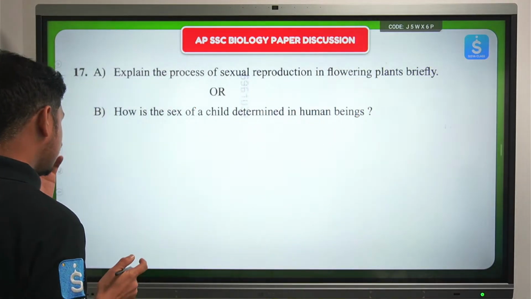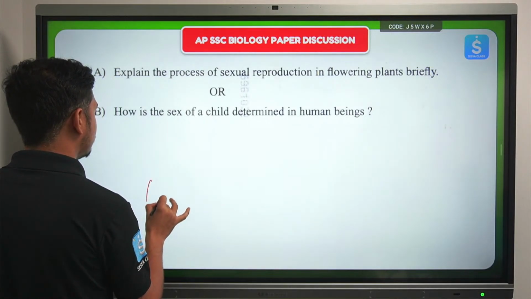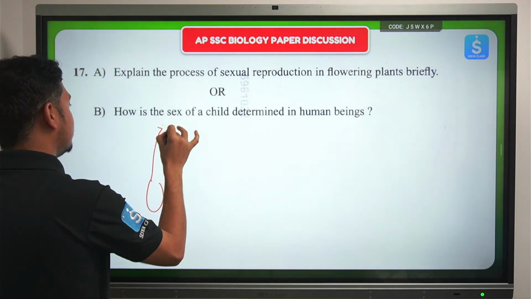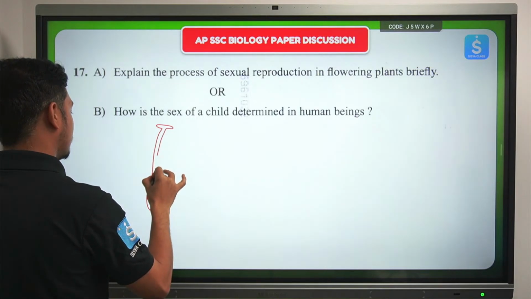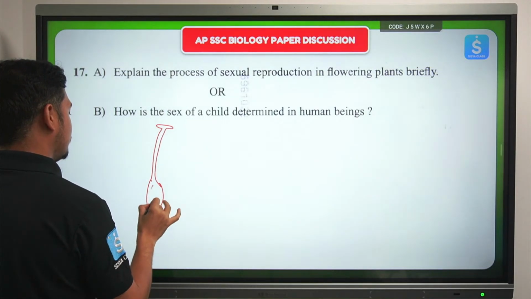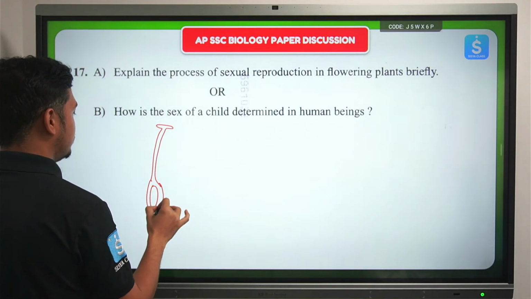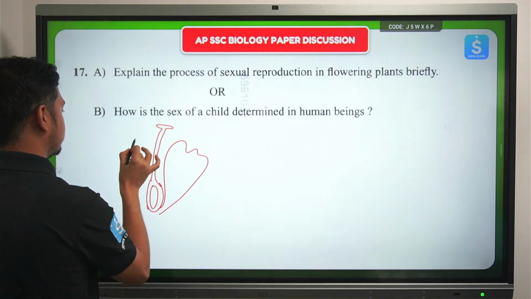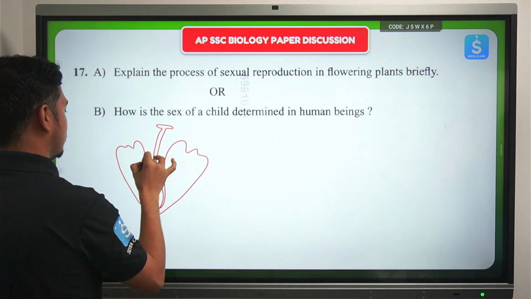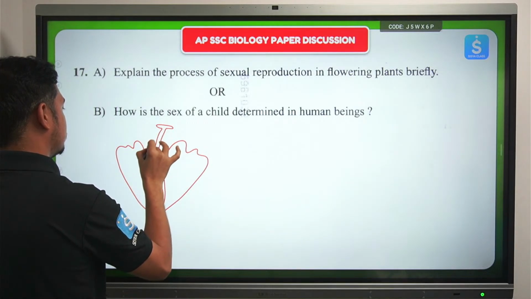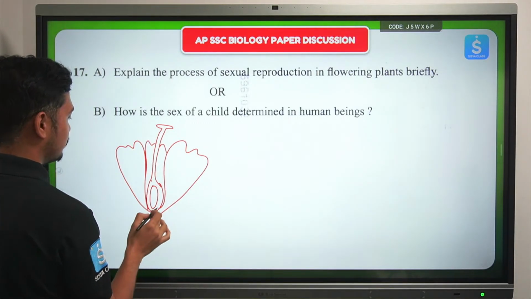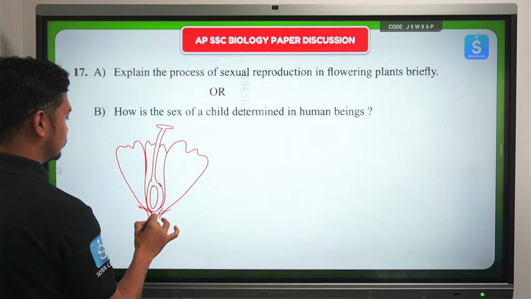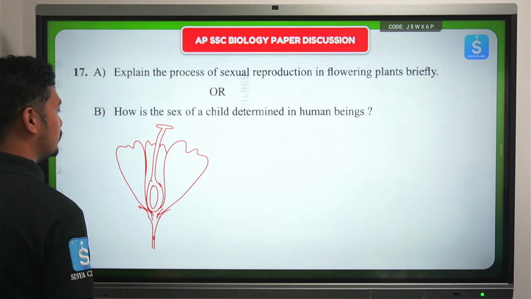Okay, so let's say that this is the ovule of a flowering plant, and this is the style, and here is the stigma. Inside that we have the ovule, and then we have the petals, right? Something like this, and then here we have the calyx, and then calyx grows into stem, right?